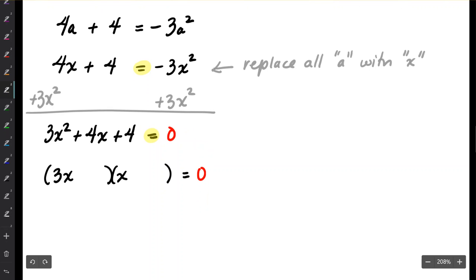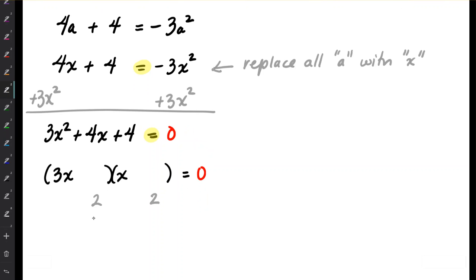We've got 2 and 2, as well as minus 2 and minus 2, but I know that we don't have to consider the negatives because when you multiply everything out and combine like terms, I have a positive amount of x left over. So I could try positive 2 and positive 2. I could try a positive 1 and a positive 4, and here order matters because 3x and 1x are different.